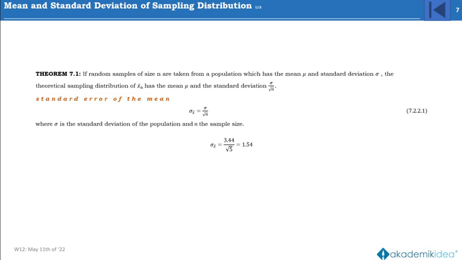This means that when n is large, a sample mean will be a more reliable estimate of mu. That is, when n becomes large and we have more information, a sample mean can be expected to be closer to the mean of the population.